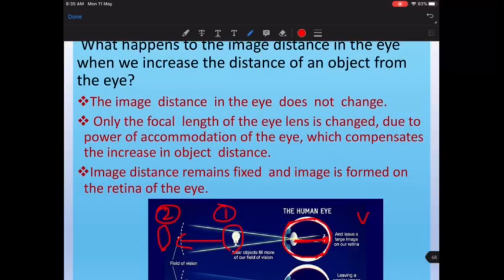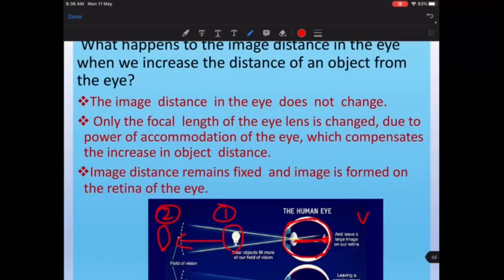So if V is not changing, and we move the object, how is the formula 1/f = 1/v - 1/u satisfied? Your V is not changing, but your object distance, your U, is changing. So what is the solution?